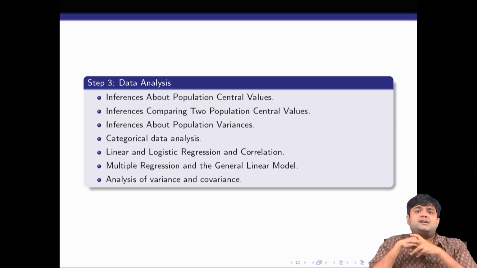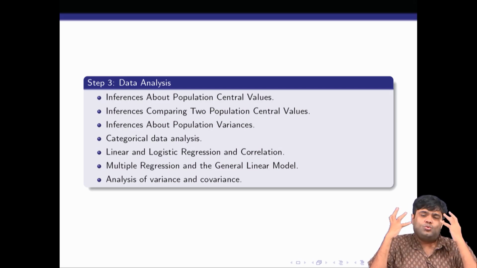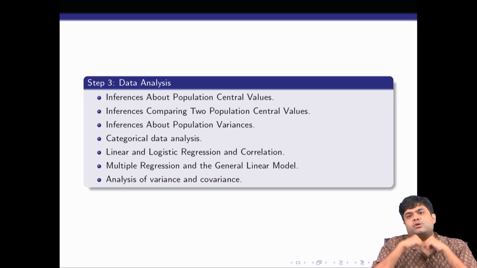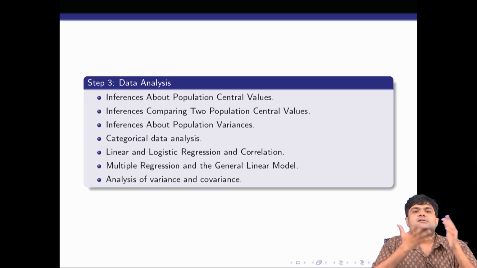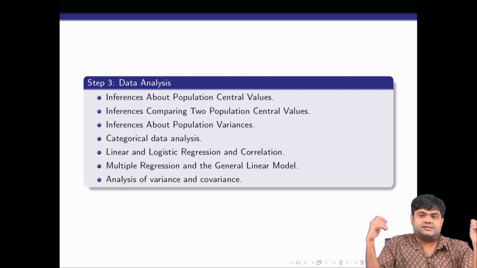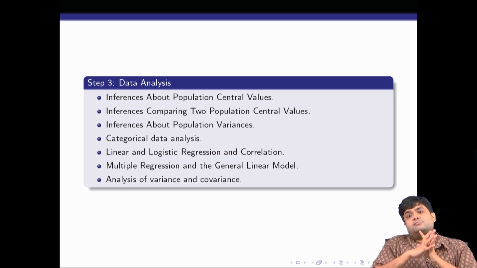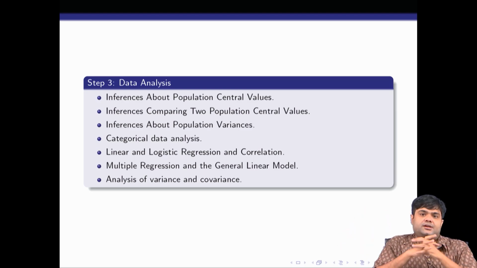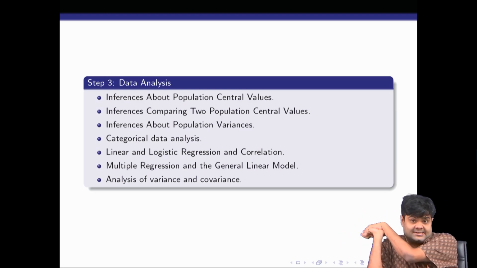Then you come to the hard data analysis part, where you try to mathematically derive inferences about population central values, central values of different populations, and population variabilities. You try to get the relation between the various features that create the data, with focus on linear relations being quite important, and that eventually leads to something called generalized linear models.